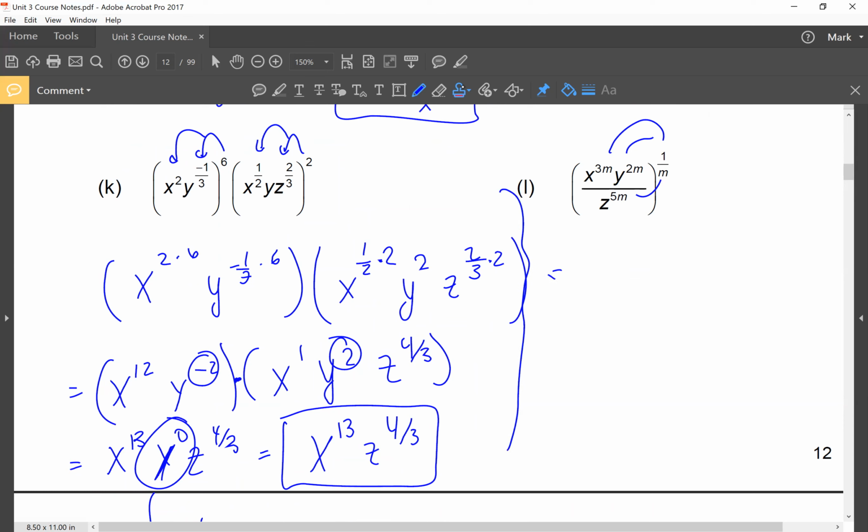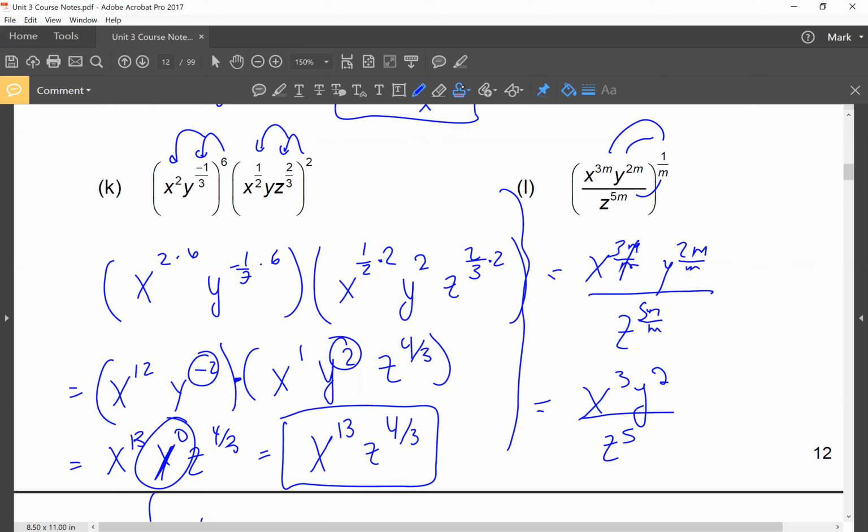So I end up getting x3m over m, y2m over m, z5m over m. So what I end up getting for my answer is x3, y2, z5. The m's are canceling in each situation. So, pretty easy question. It looks like I did some of the hard ones.